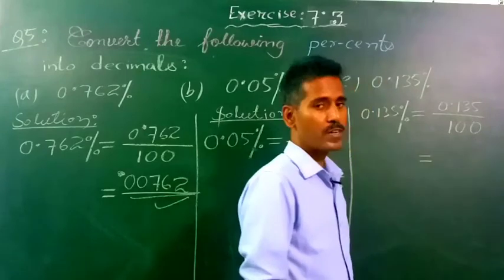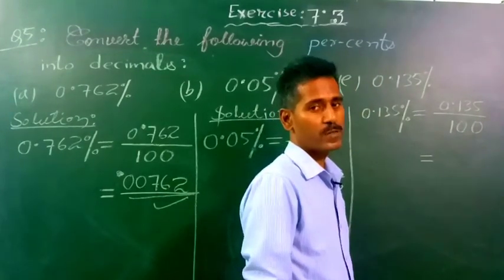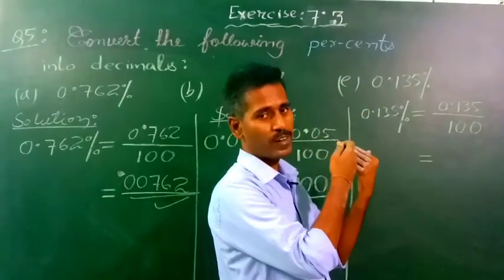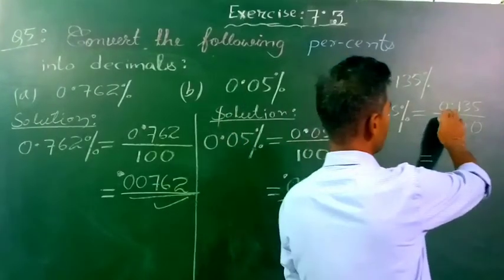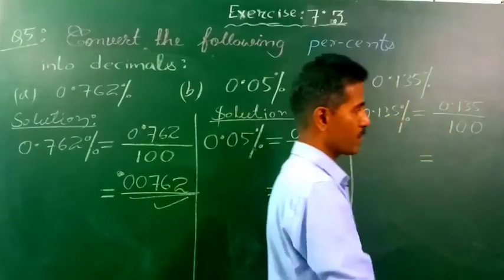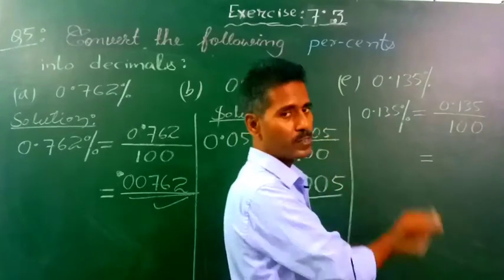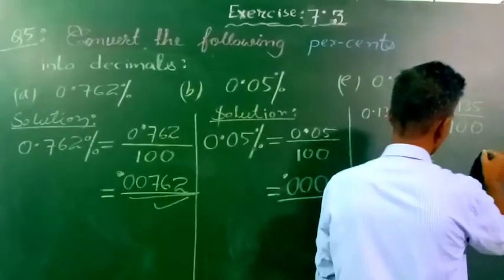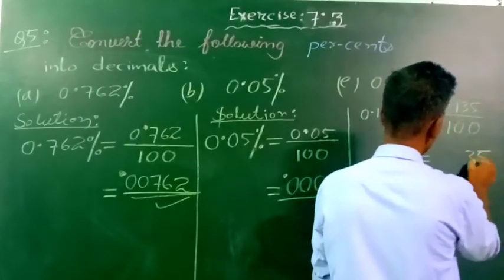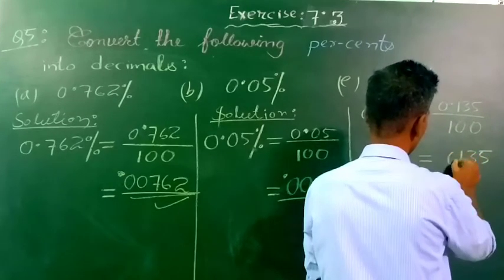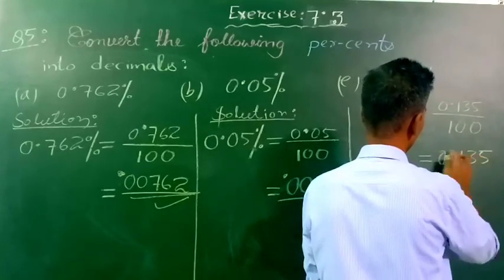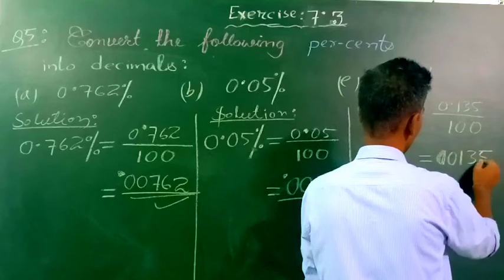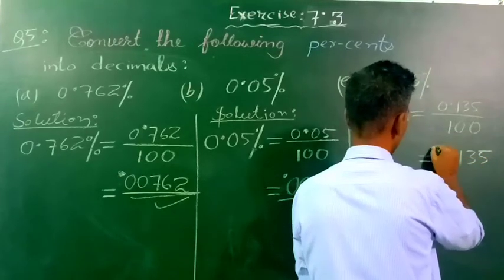So we know whenever we divide any number by 100, the decimal will move 2 digits from right to left. So now after the decimal we have got 3 digits. If the decimal moves 2 more digits, 3 plus 2, it will become 5 digits. So 1 2 3 4 5. We'll put the decimal here.